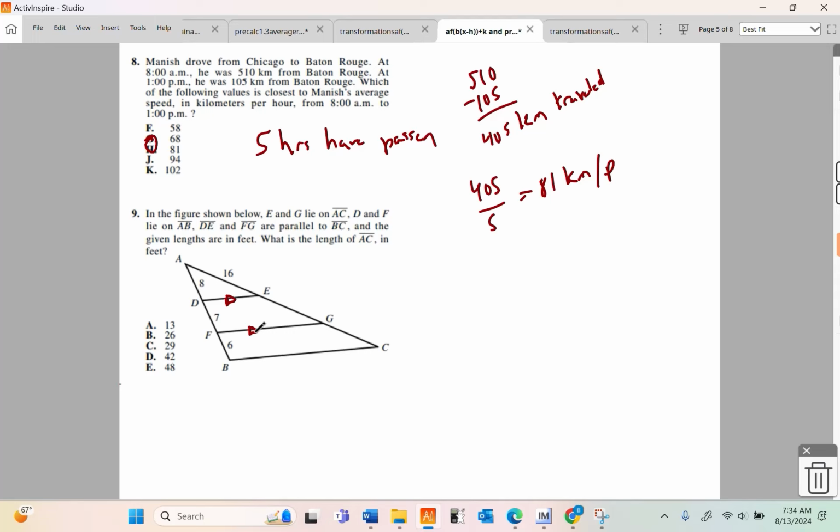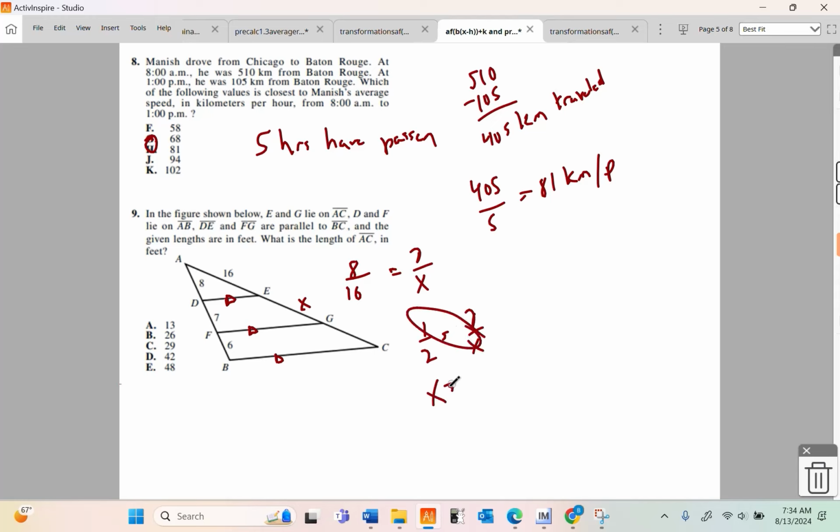Since we have the parallel lines, we can use this little theorem here. I believe it goes 8 is to 16 corresponding as 7 is to some unknown here. You can kind of quickly see that the numbers are just doubling, and hopefully that works. We cross multiply, or we can reduce first. A half is 7 to x.